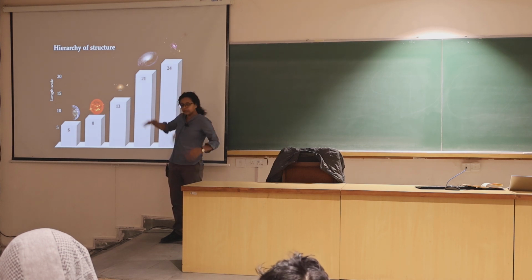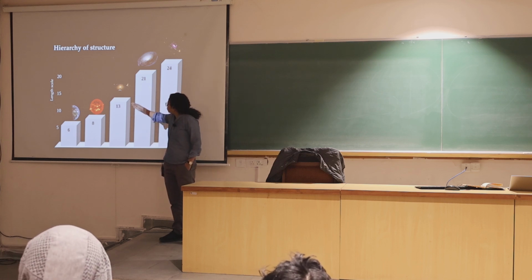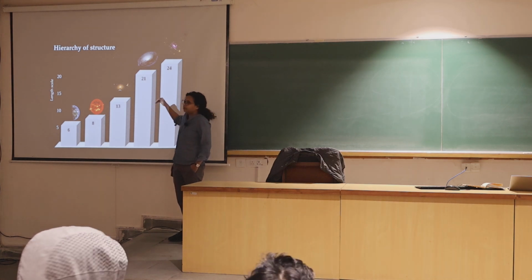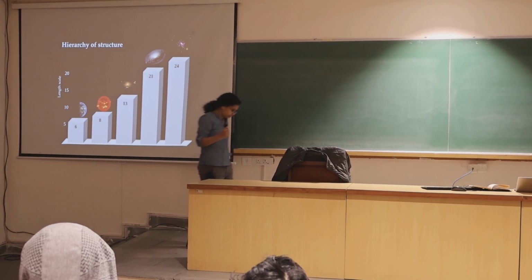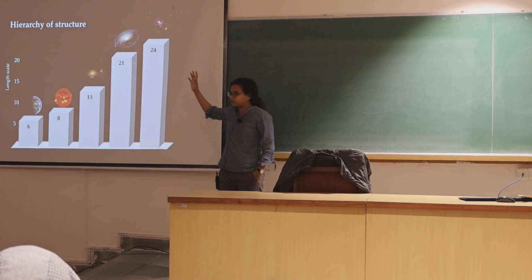As we increase the length scale, we see different structures. For solar systems, we typically have 10 raised to 13 meters diameter. Then in the next hierarchy we have galaxies, which span around 10 to the 21 meters.